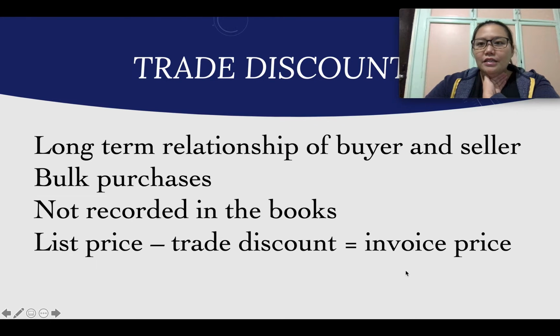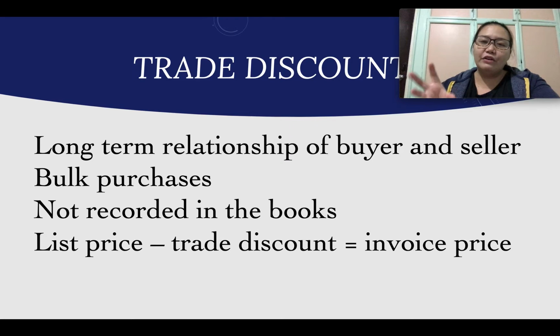So the discount is smaller whenever you apply it one by one, rather than computing the sum of the discounts and applying it all at once. Okay, so again, trade discounts are not recorded in the books, and if you are given a series or multiple trade discounts, you have to apply the discounts one by one.